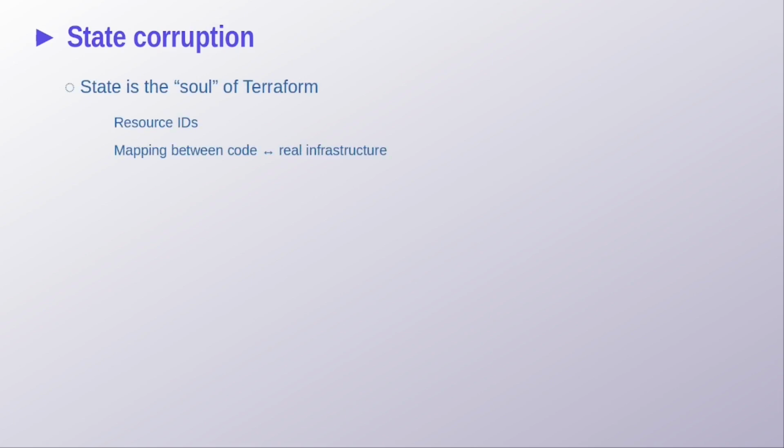State corruption. State is the brain of Terraform. Terraform state contains real resource IDs, the mapping between code and infrastructure. If state is broken, Terraform is blind.